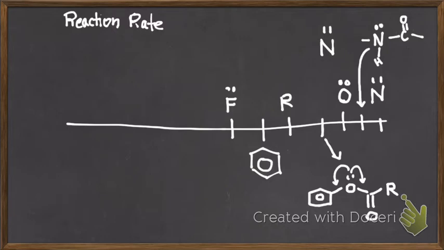Right? You know, like teenage boys? This is a teenage boy. See the face? So he's trying to donate his electron pair, sorry, straight face, to the benzene ring and the carbonyl group at the same time, and he's just not as effective.